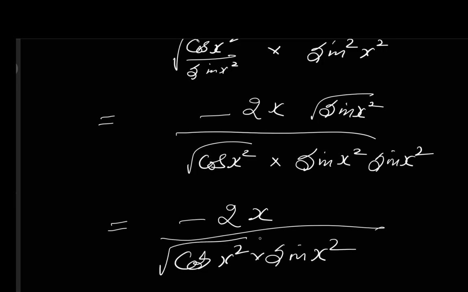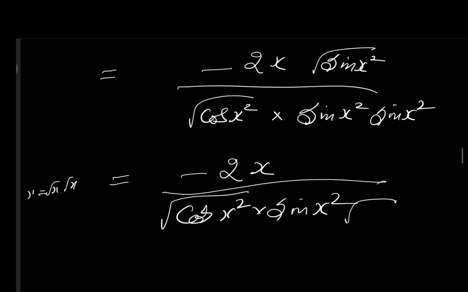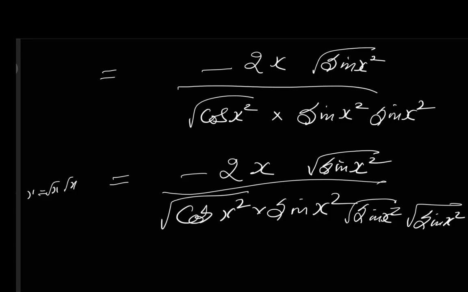This is root sine x squared, I can write as root of sine x squared into root of sine x squared. Because already you have one sine x squared term in the numerator.